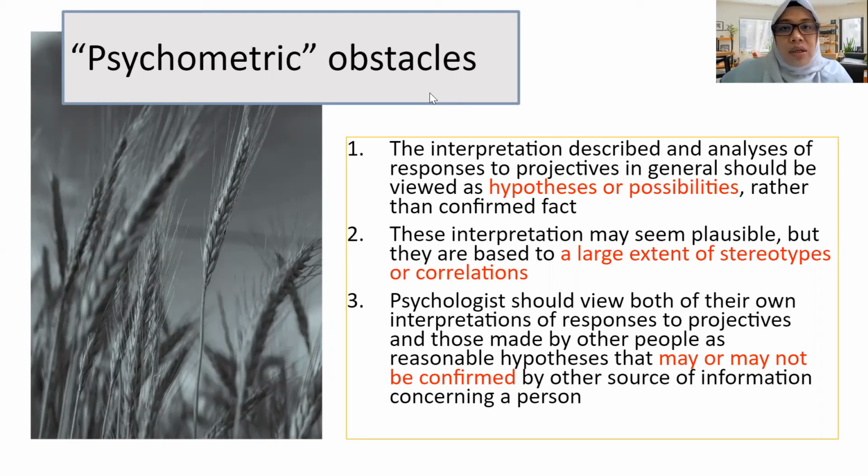The conclusion that we can provide from the projective test result is mainly a hypothesis, possibility, or assumption. These interpretations may seem plausible, but they are based to a large extent on stereotypes or correlation. As I previously described, the test interpreter should be able to grasp the consistencies of the response. It's quite challenging. That's why we cannot say that the result of this test is a firm result or a statistically proven one, because it is not.